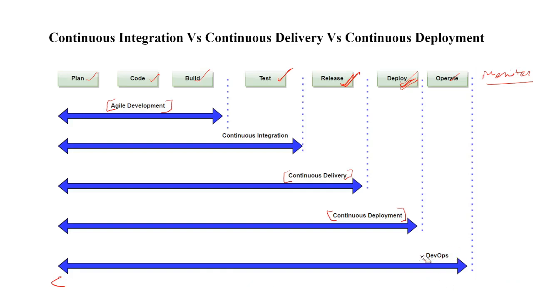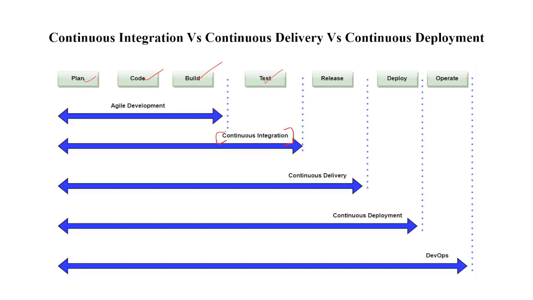To understand them easily, for continuous integration, in simple terms, you plan, code, build, and test, so that it gives surety that what you have developed is ready and is not going to impact any existing things. You tested it internally on your dev environment. That is what we call continuous integration.